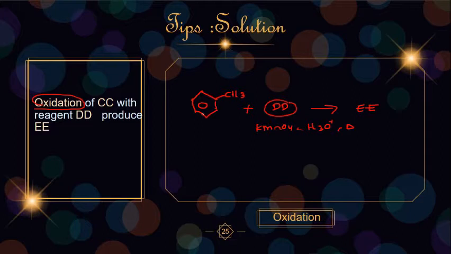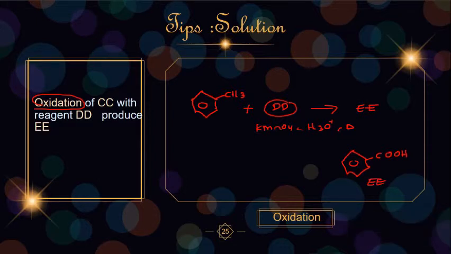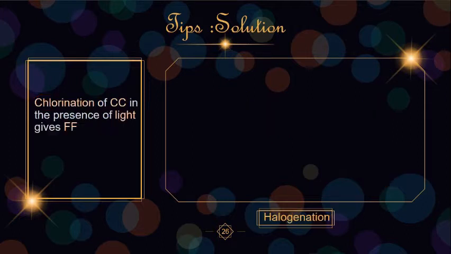So daripada kita tahu dah oxidation of methylbenzene ataupun alkyl benzene, you akan dapat benzoic acid. So COOH. Okay, COOH. So ni adalah EE. Okay, so you already get EE and DD.